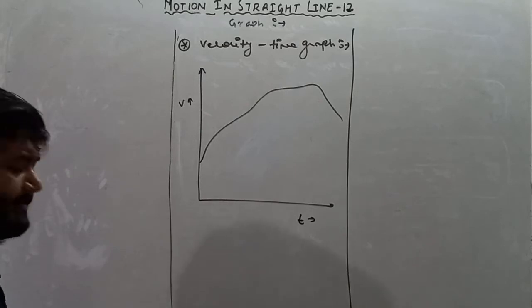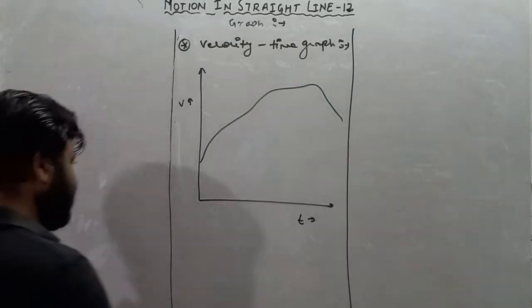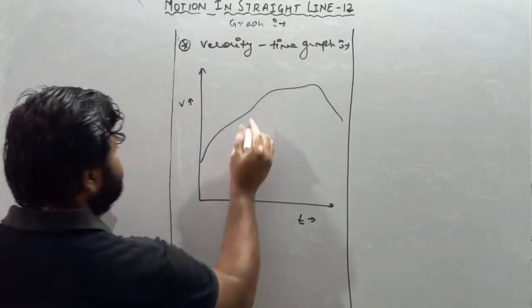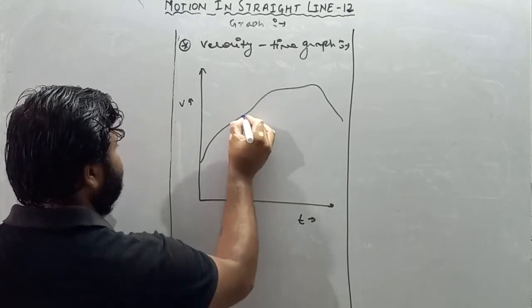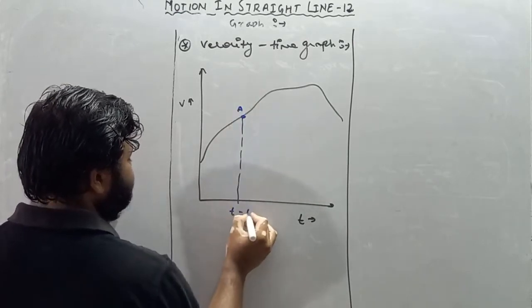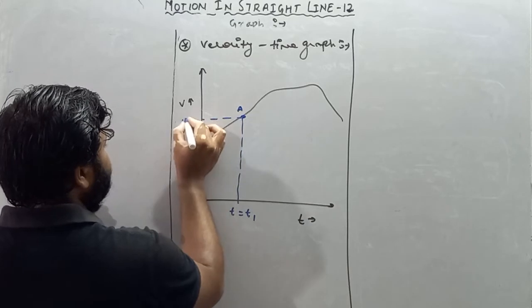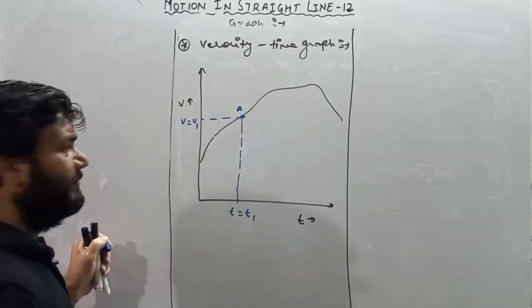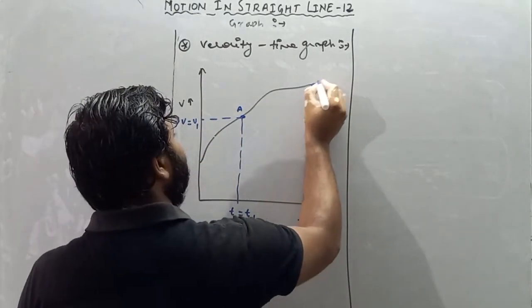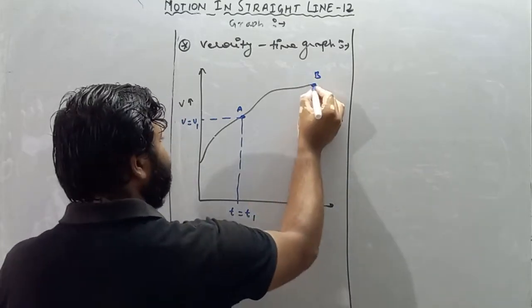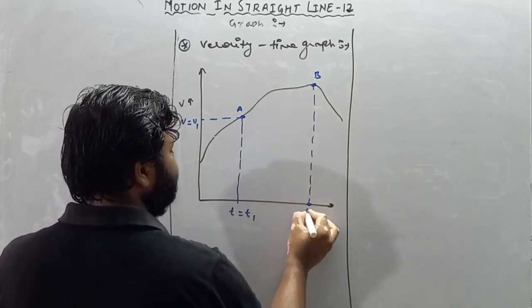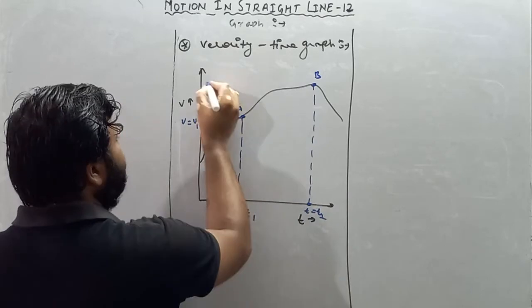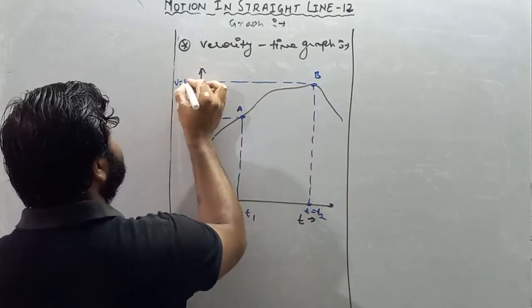I'll take two different points on this velocity time graph. Let's suppose the first point is A, when time t is equal to t1 and velocity v is equal to v1. Let's suppose another point, I am taking point B. Here at point B, time is t2 and velocity v is equal to v2.